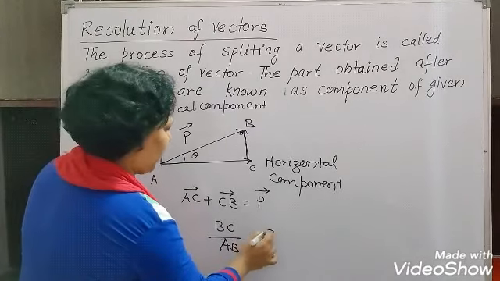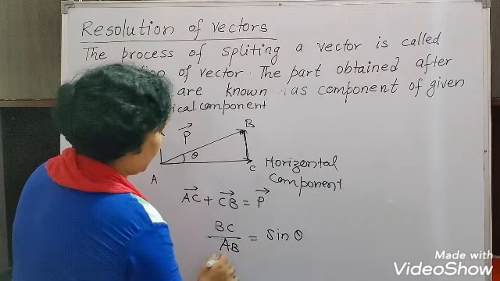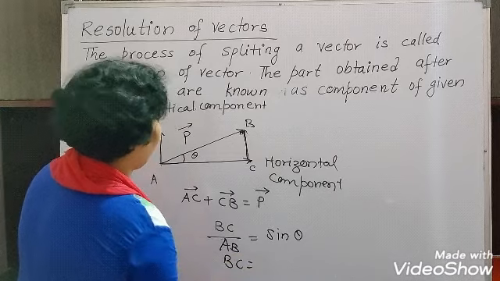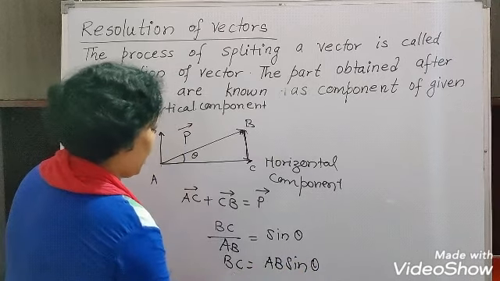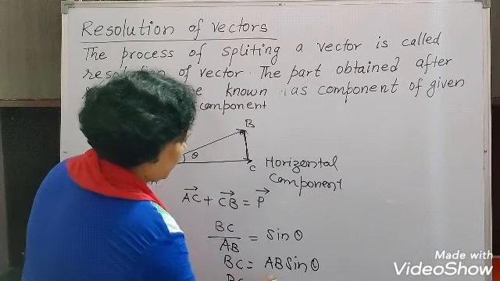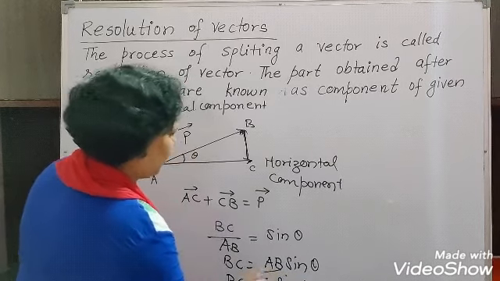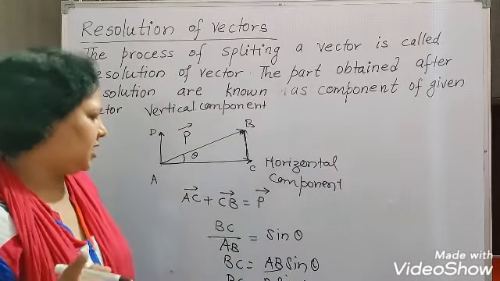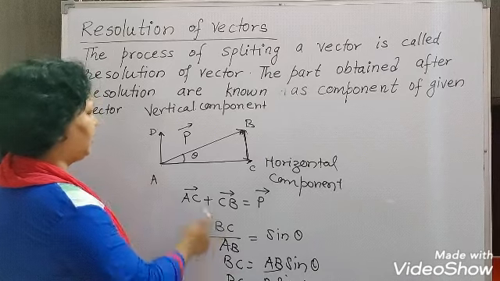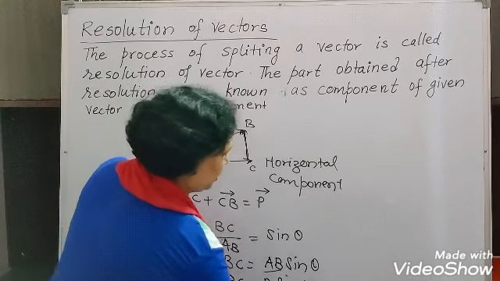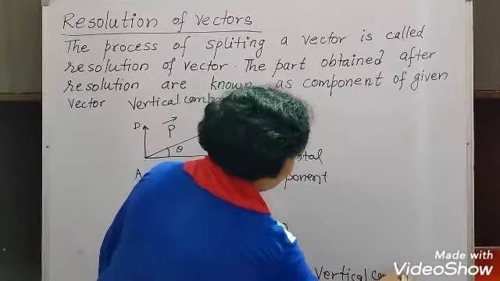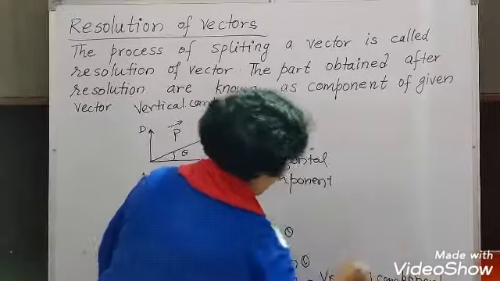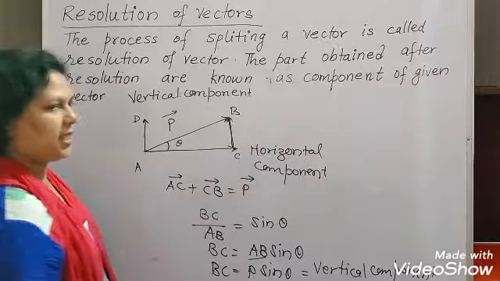Perpendicular upon hypotenuse is equal to sin theta. So BC is equal to AB sin theta, and AB is P, so BC is P sin theta. BC is the vertical component. So the vertical component is equal to the vector times sin theta.